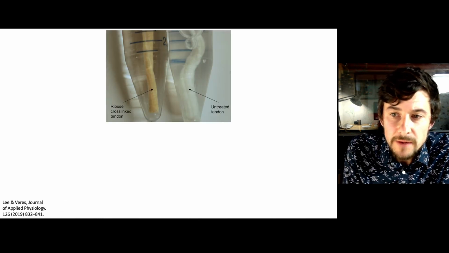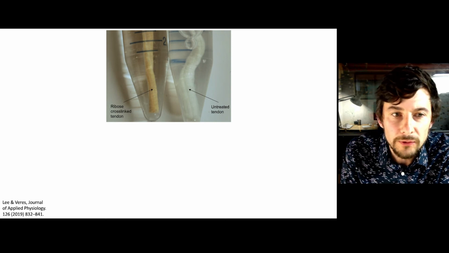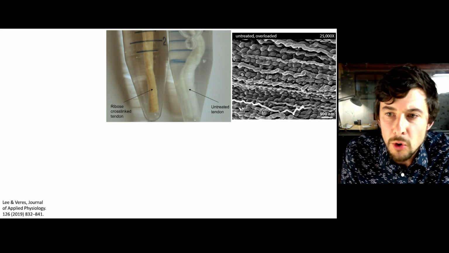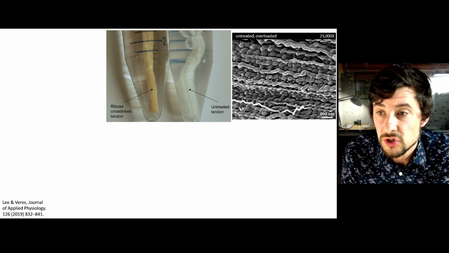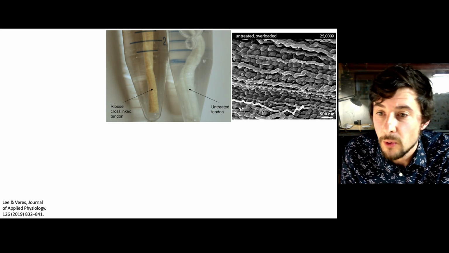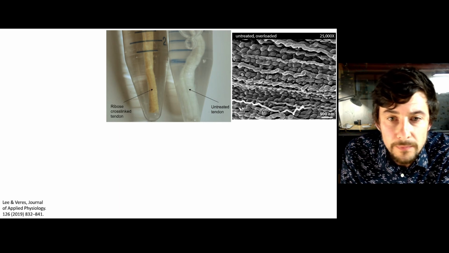So we've also investigated the impact of advanced glycation end product cross-linking on tendon mechanics using ribose incubation to induce AGE cross-linking. And this work was done on bovine tail tendon, which is also a low-stress positional tendon like the extensor tendon, and its fibrils also undergo significant discrete plasticity when ruptured.